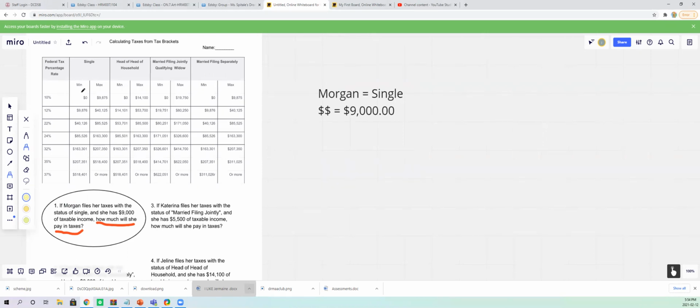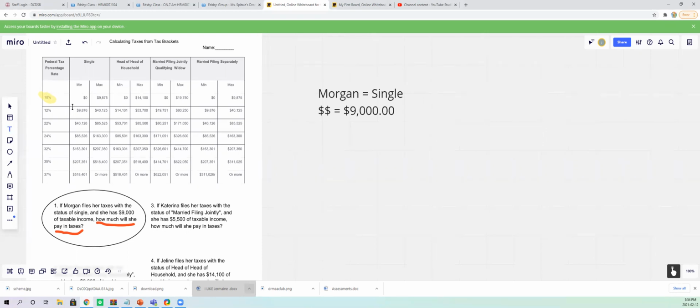So $9,000, the minimum for the 10% federal tax percentage rate is between $0 and $9,875. Well, we know Morgan makes $9,000. So she's in between these two numbers, pretty close to the end, but in between nonetheless. So her federal tax percentage rate is 10%.